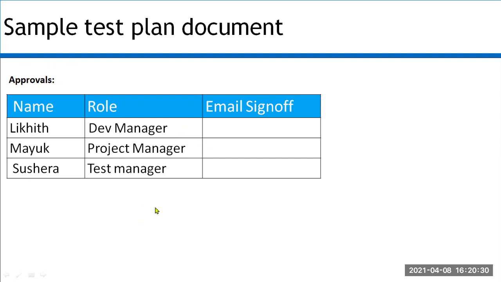Once all approvals are over, then we send the test plan document to the stakeholders, like dev manager or project manager or clients. We send an email to them informing that the test plan document has been prepared for this particular project. I'm just giving some sample approval details here. That is called approval.